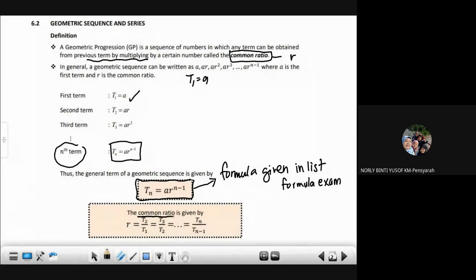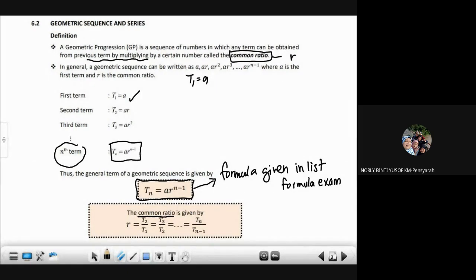So samalah macam semalam, common difference. So in geometry is common ratio. So you have to divide the second term by the first term, third term by the second term, or n term by the n minus 1 term. Kalau common difference, you minus T2 minus T1, T3 minus T2. So the common difference must be the same in arithmetic. Kalau dalam geometry, common ratio dia yang kena sama.